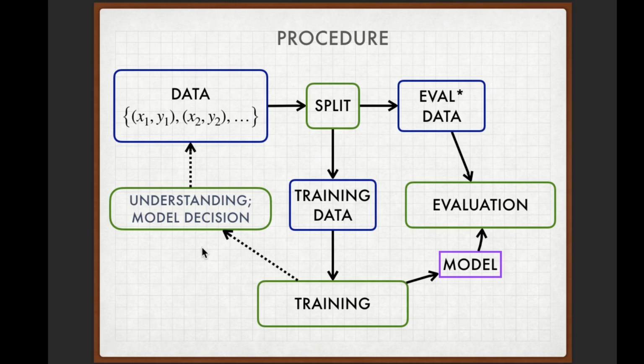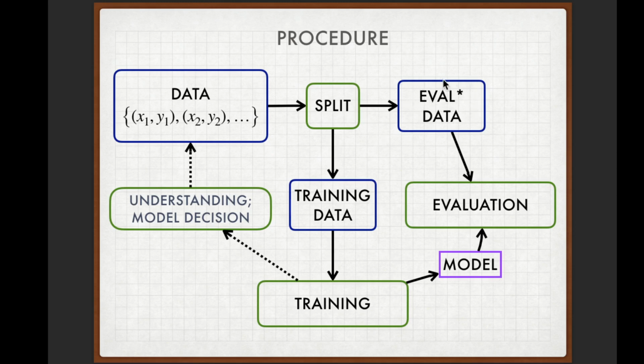And of course, the decisions will be based on your understanding of the data. After training, after you have fit your model to the data, this operation will return you a model, and the model will summarize the knowledge that we extract from data and will be used for future prediction tasks.